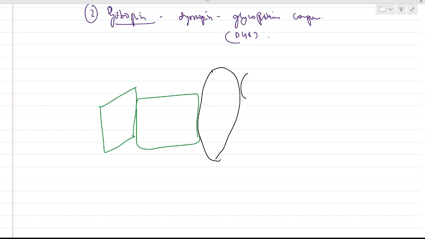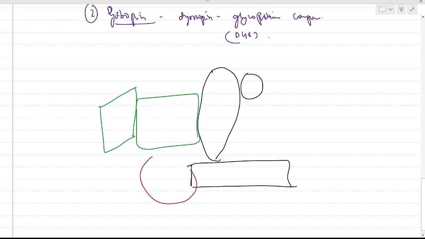Okay, this is another one. Finally, this is another protein. So let's start with the discussion. First we draw two lines here.